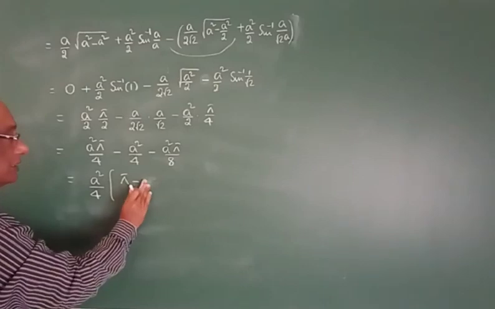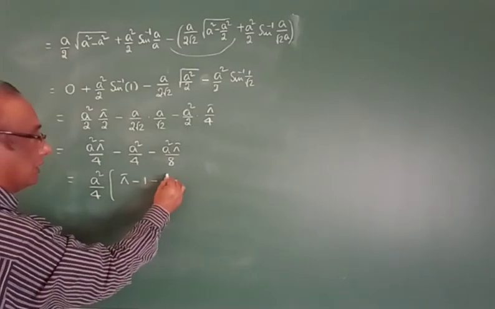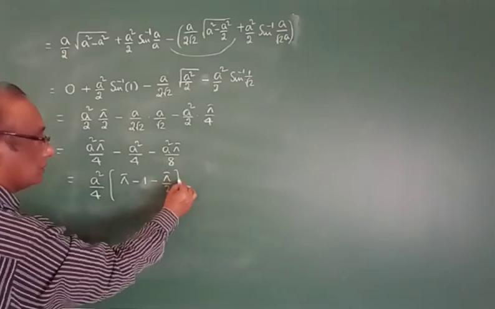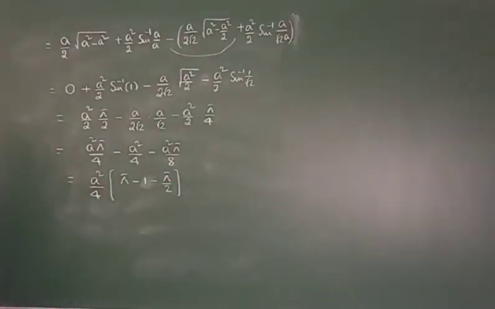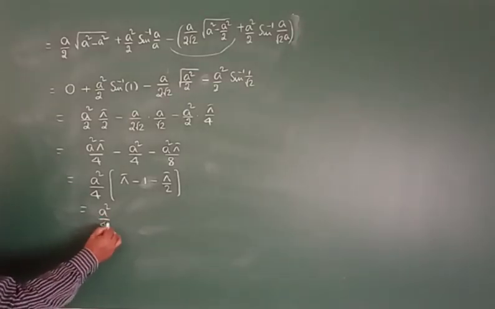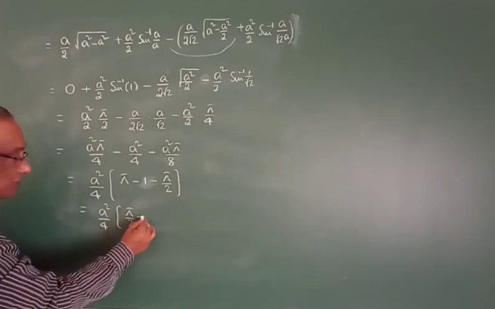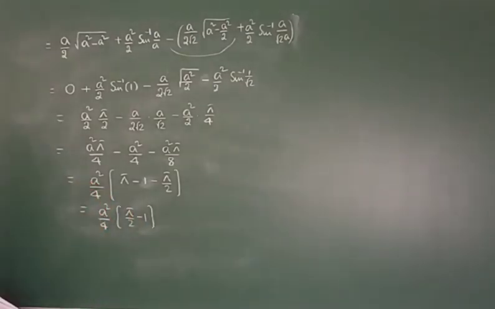A also common 1. Here is a square by 4 common, pi by 2. Alright, simplify. A square by 4 into pi minus pi by 2 is the pi by 2 minus 1. Check the answer. Pi by 2 minus 1 square units is the answer.